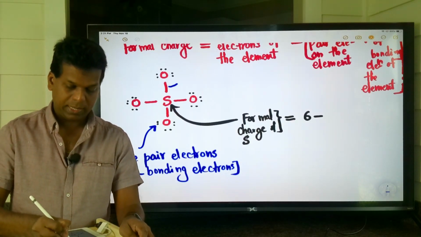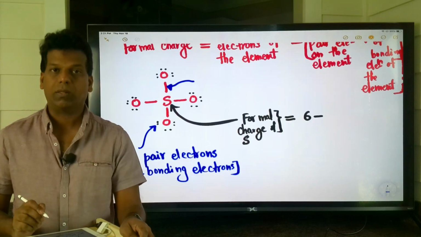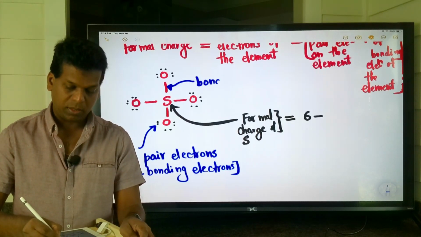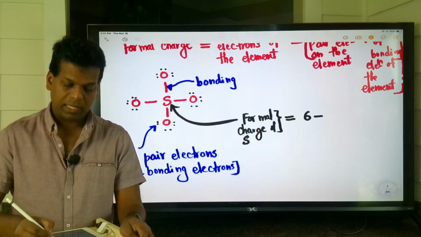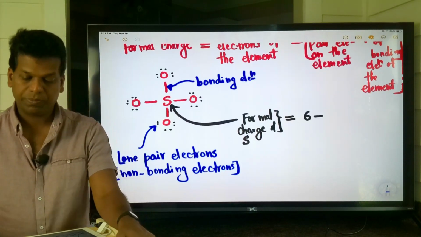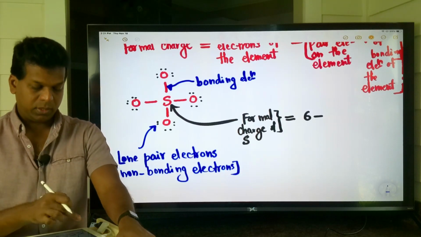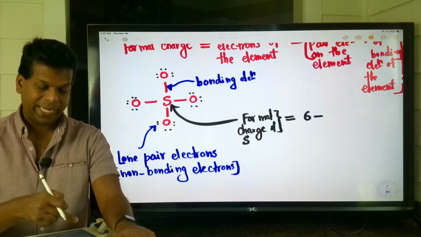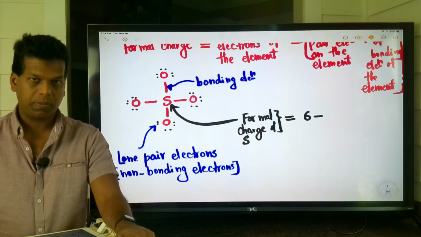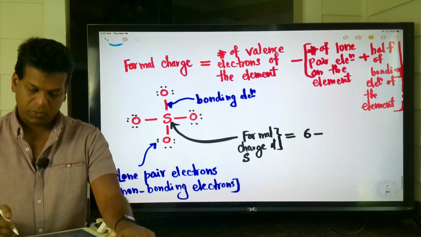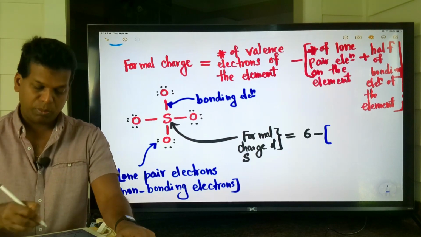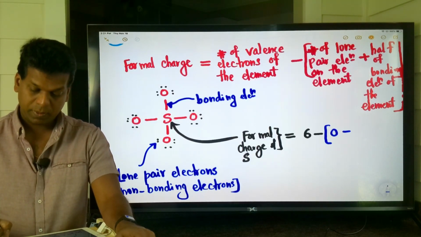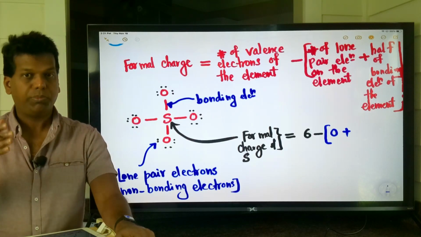So remember what I said, this line is 2 electrons. So there are 2 bonding electrons in that line. Let's keep that in mind. Since there are 4 bonds around sulfur, there are 8 bonding electrons. For the formula, we need the number of lone pair electrons, which is 0 for sulfur, plus half of the bonding electrons.